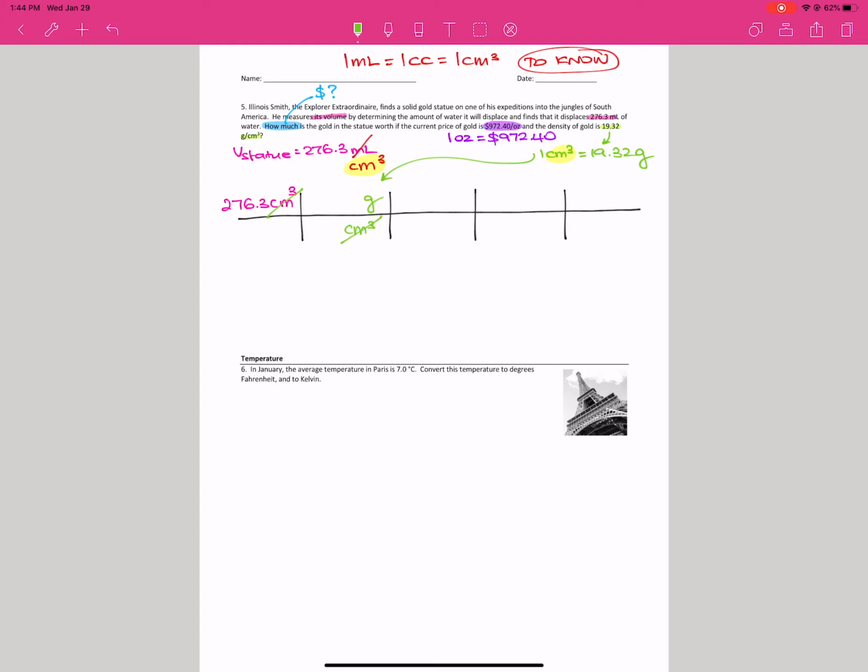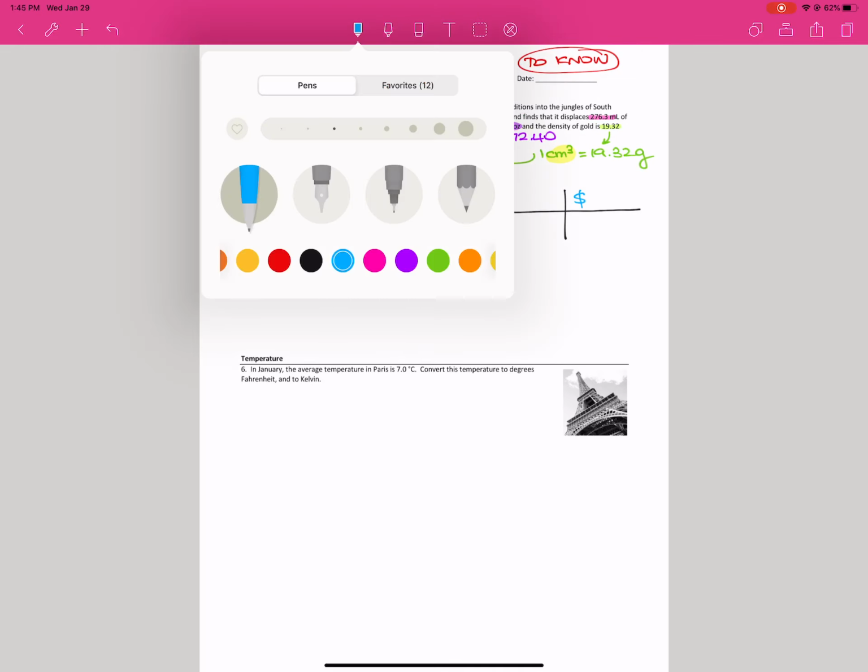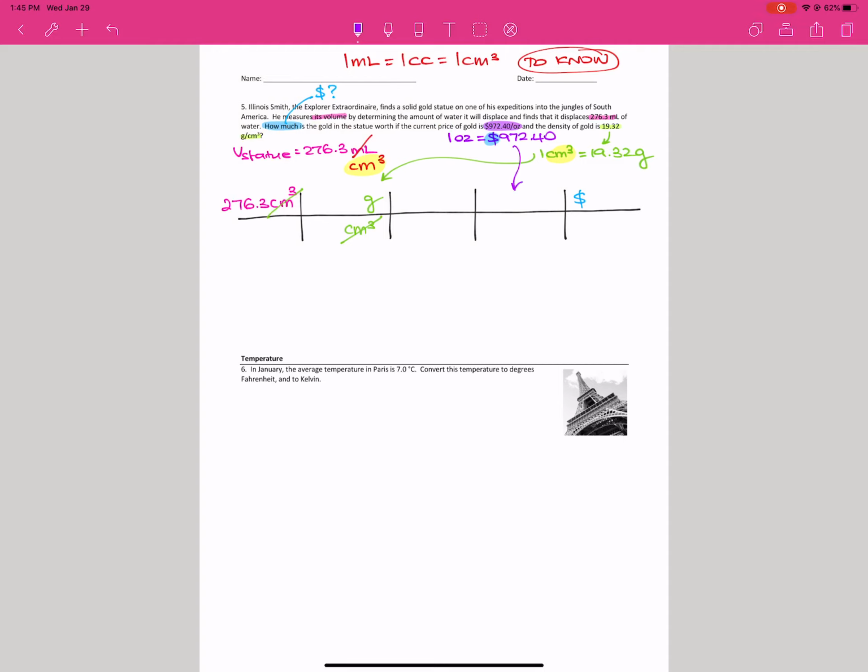We're working our way. What we know is we want dollars, okay? So now that we have grams, we're kind of stuck because I don't see grams anywhere. What if I were to go to the end now? Okay, so I want dollars. Where do I see dollars? I see dollars here. So why not use the price of gold to get the dollars that I want.